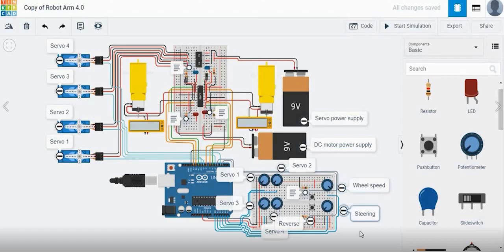And the wheel steering potentiometer is used to control the speed and the direction of our DC motor, and this potentiometer controls the movement of our servo.